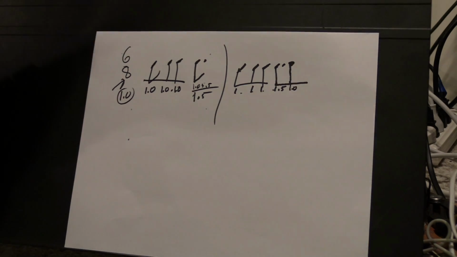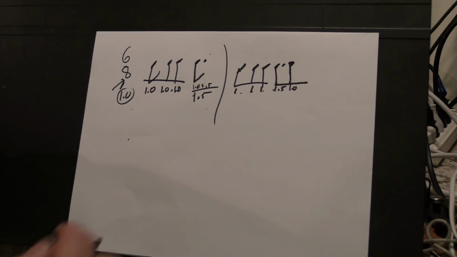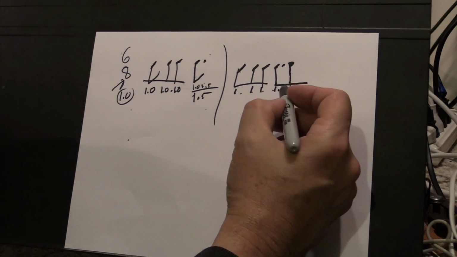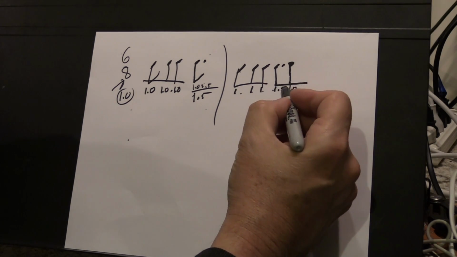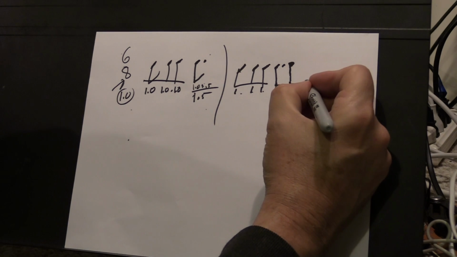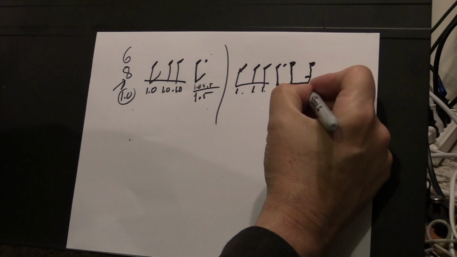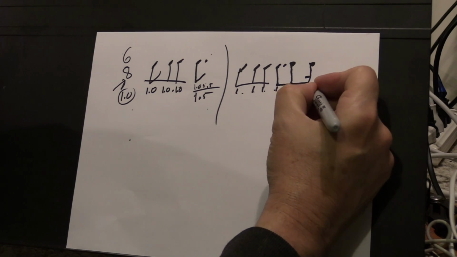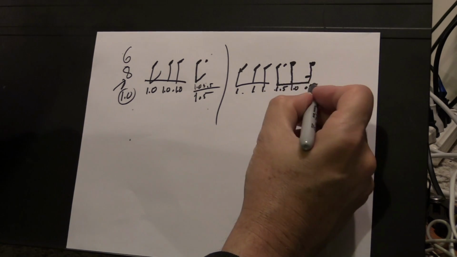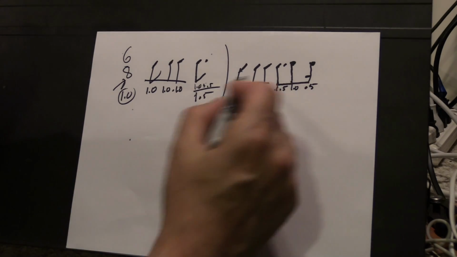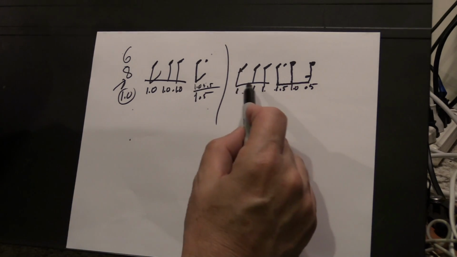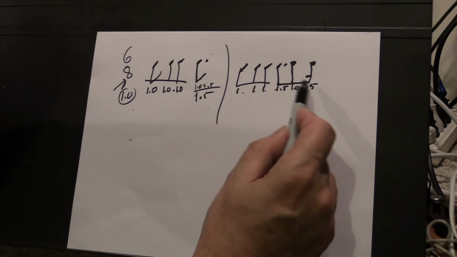What would be left to make that 6? We need something that is 0.5, which would be a 16th note, because a 16th note would get 0.5 if an eighth note gets 1.0. So that'd be 1, 2, 3, 4, 5, and 6.